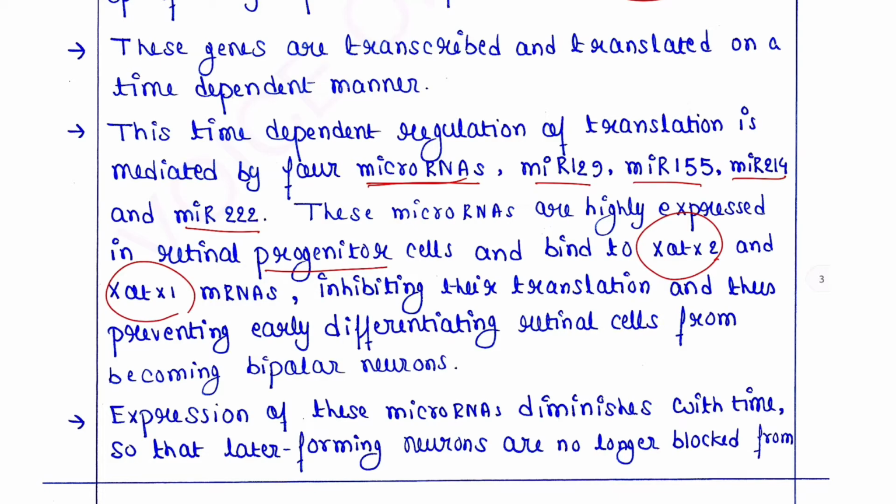So these 4 microRNAs bind to ZOTX2 and ZOTX1 mRNAs, thereby inhibiting their translation and thus preventing early differentiating retinal cells from becoming bipolar neurons.